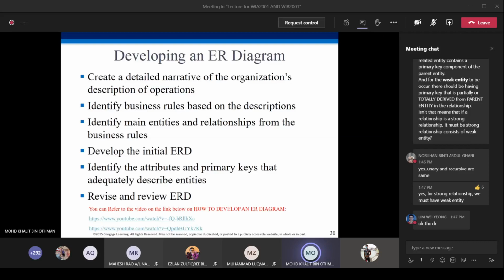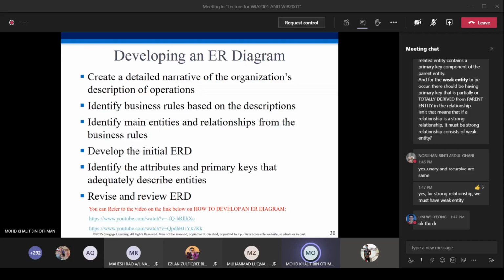It is a detailed description or explanation of the whole organizational process. Examples of organizational operations are service delivery, teaching process, production process, and so on. This is the first step of building an ERD.